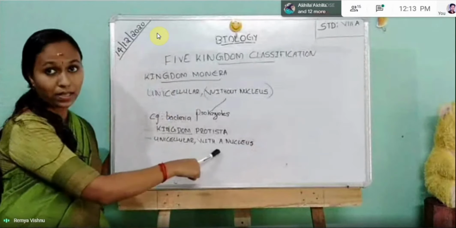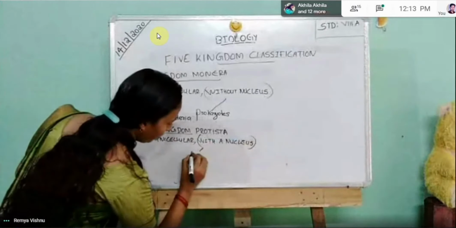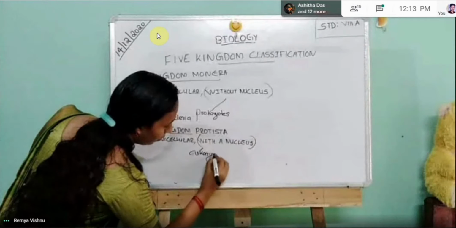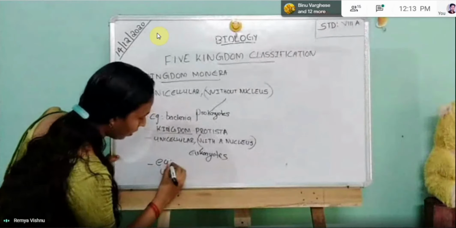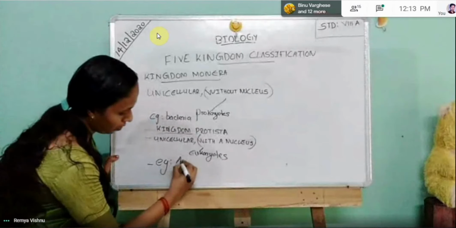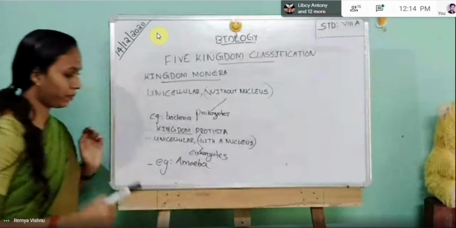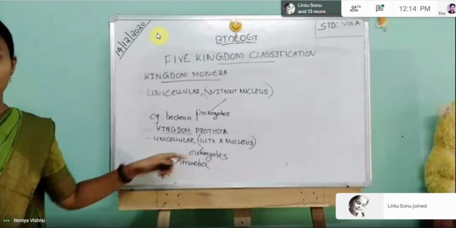So it is known as eukaryotes. Example, amoeba. These are the unicellular organisms and they are eukaryotes.